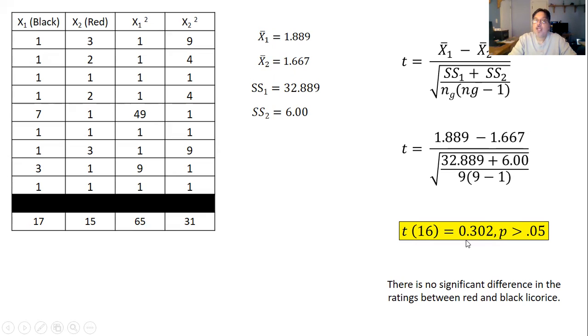You should end up with a t value of 0.302. Our degrees of freedom would have been 16, so there are 18 total scores, but we take a degree of freedom out for group 1 and a degree of freedom out for group 2, and we would look that value up in the critical values table to get our value.